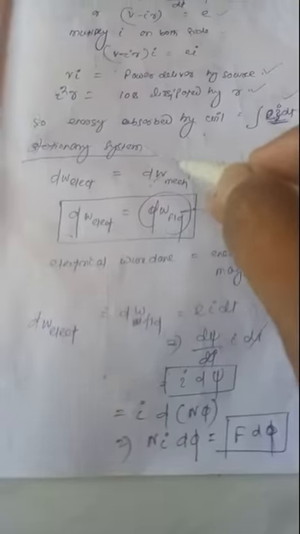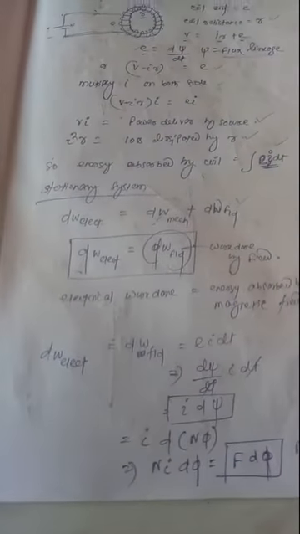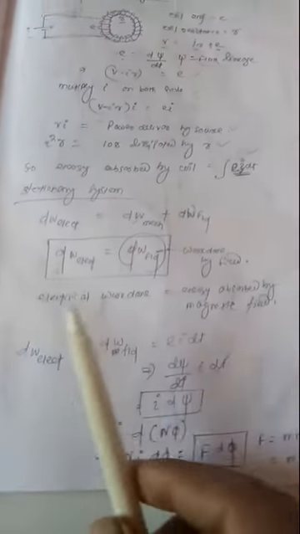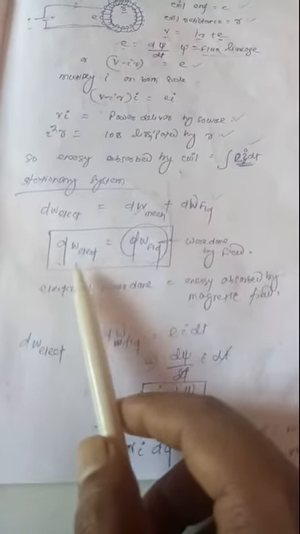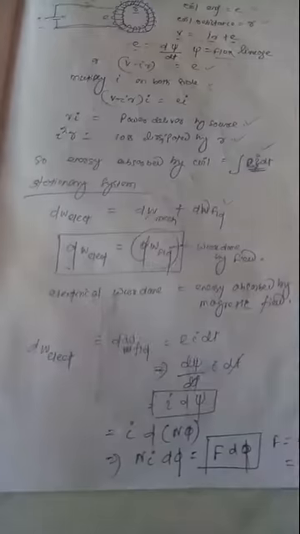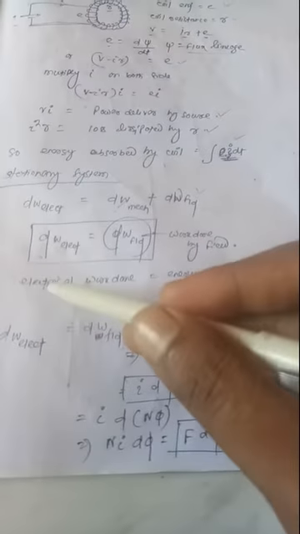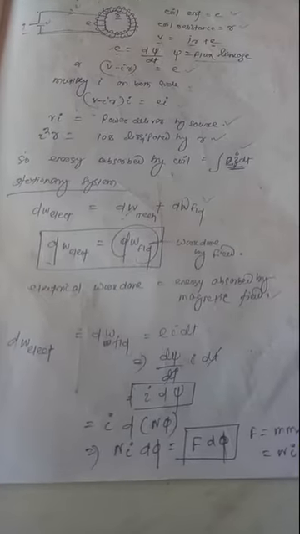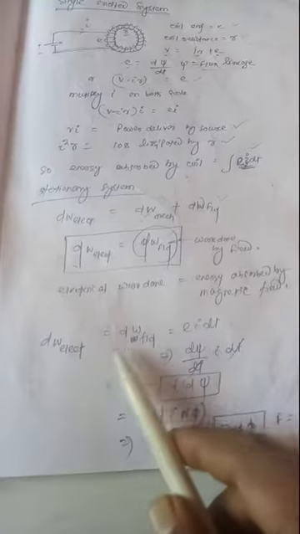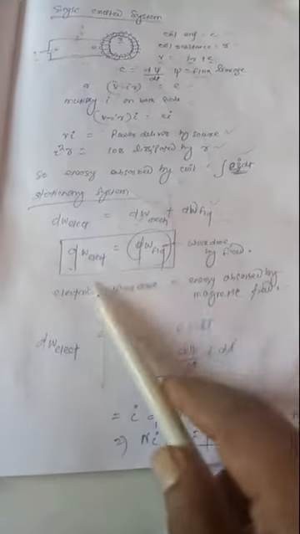That means this term will be equal to 0. So the governing equation of energy modifies to dW electrical is equal to dW FLD. That means the electrical energy is equal to the work done by the field, or the energy absorbed in the magnetic field. Symbolically, dW electrical is equal to dW FLD.